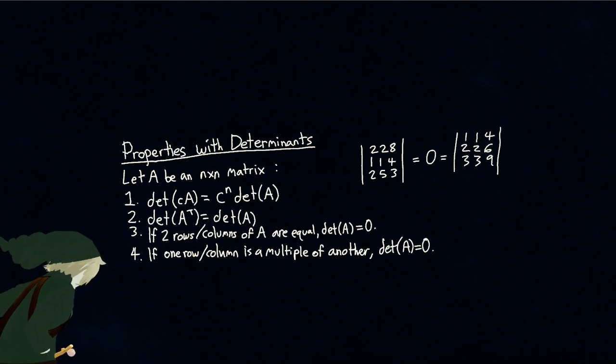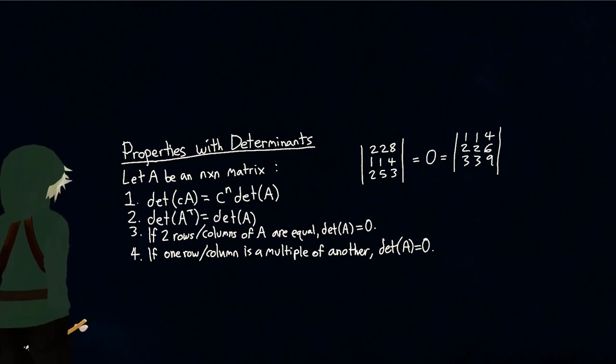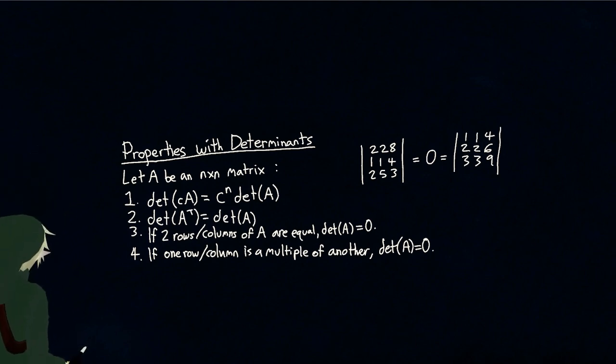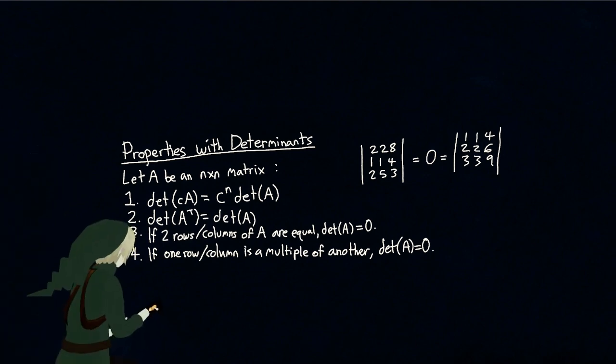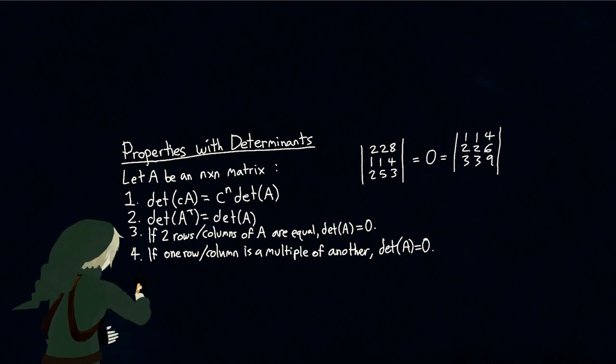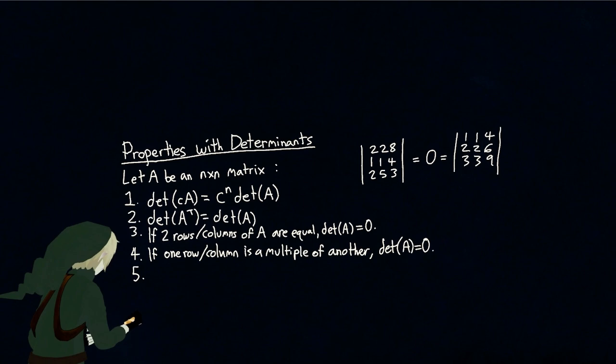Now, there are 2 more. I have to kind of go on the ground a little bit. Alright, so property 5.